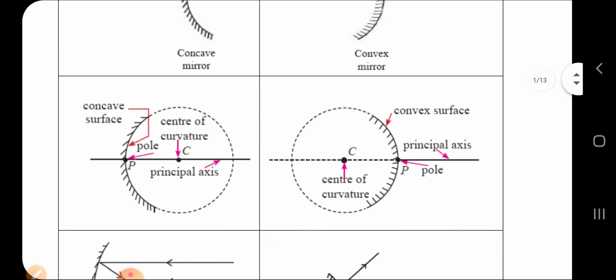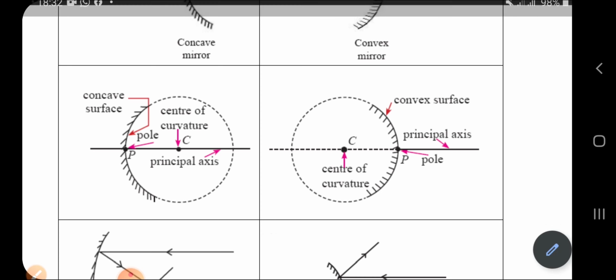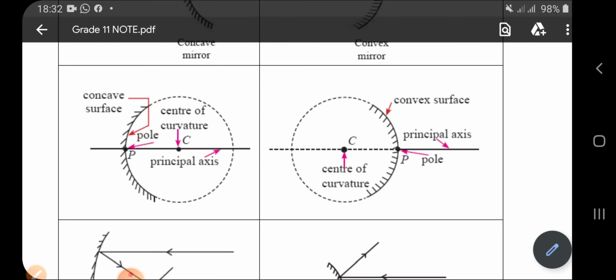So if we take the origin of this concave or convex mirror, it's a part of a sphere, right? As you can see in the diagram, when you take a concave sphere, the concave mirror is only a part of the whole concave sphere, right?